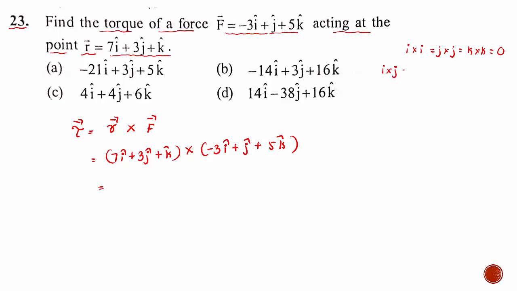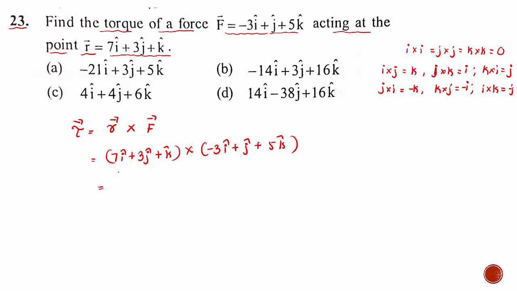I cross J equals K, J cross K equals I, K cross I equals J. If it is in the reverse order, J cross I equals minus K, K cross J equals minus I, and I cross K equals minus J. Remember these values and calculate here.